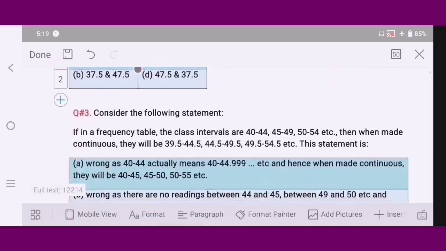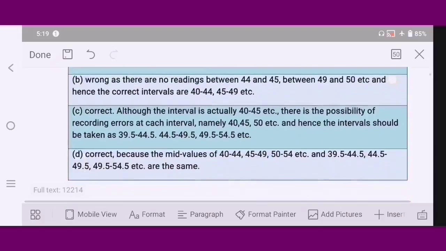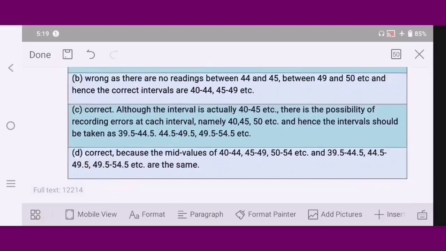Question number 3. Consider the following statement. If in a frequency table the class intervals are 40 to 44, 45 to 49, 50 to 54, etc., then when made continuous they will be 39.5 to 44.5, 44.5 to 49.5, 49.5 to 54.5, etc. This statement is there, A, B, C and D options.